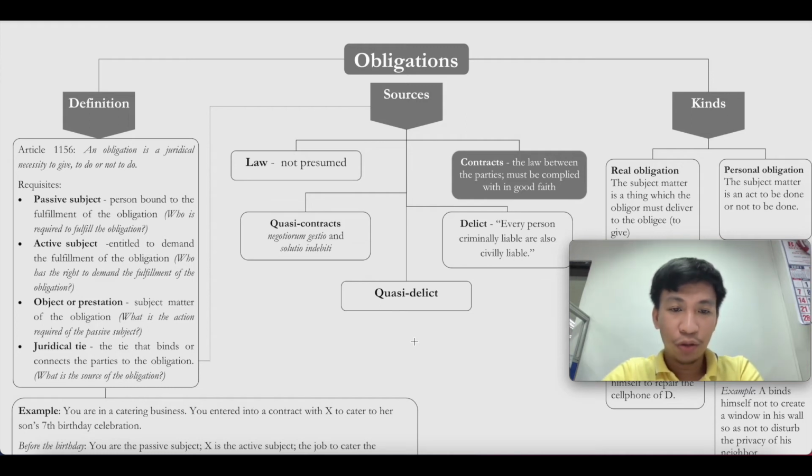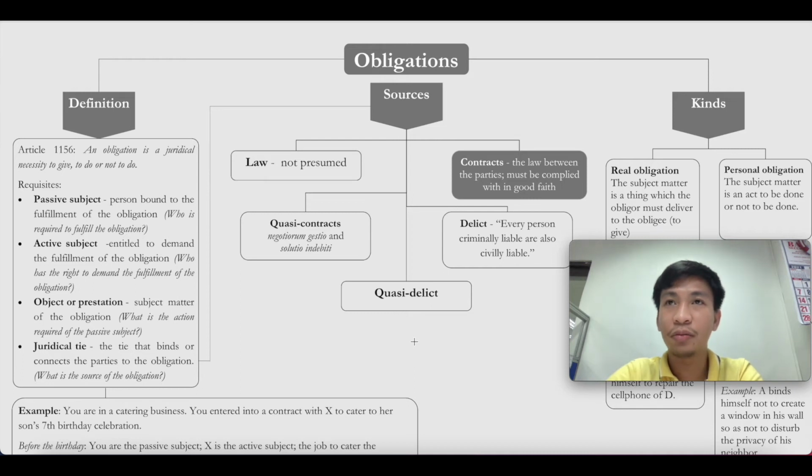Now, solutio indebiti naman is for mistaken payments or erroneous payments. Now, according dito sa solutio indebiti, a person who received payment by mistake is obligated to return it.